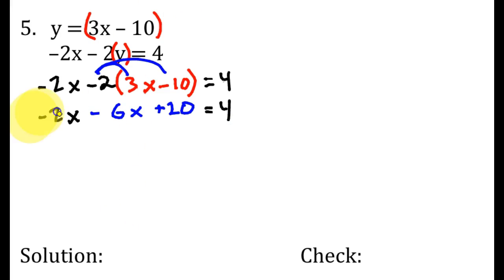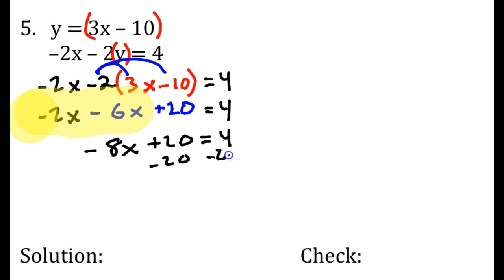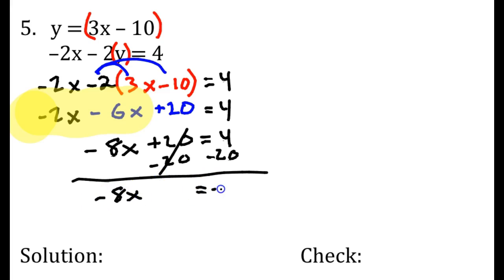We've got like terms here. We've got -2x and -6x. That's -8x. All right. Subtract 20 on both sides. And divide.